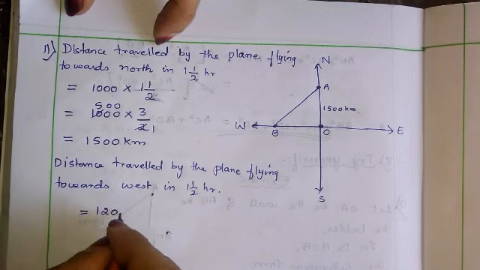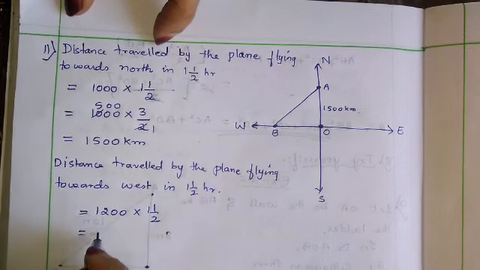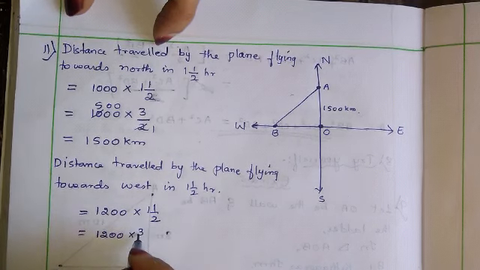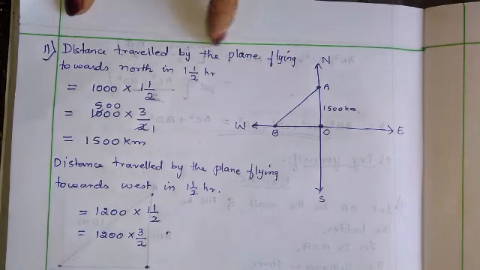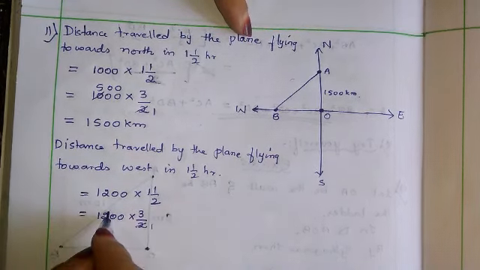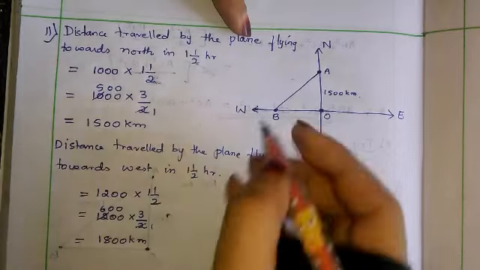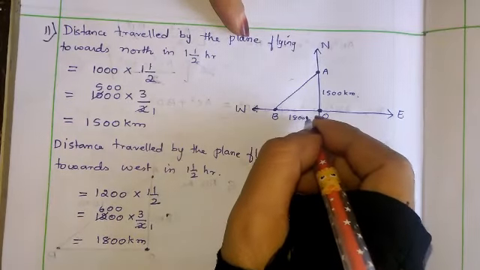So 1200 into 1.5 hours. So 1200 into 2 ones are 2 plus 1, 3 by 2. We have converted mixed fraction into improper fraction. 2 ones are 2, 2 6s are 12, 0 0. So 6 3s are 1800 kilometer. So this side 1800 kilometer.